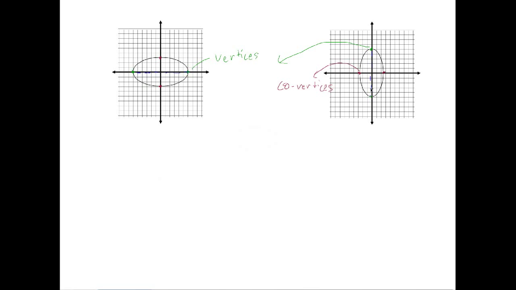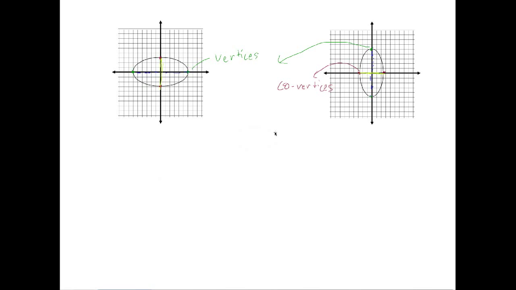Can't really see it on that black, but it runs right there. Okay, those are your major axes. Now, you have also what's called minor axes, and that's the axis from your co-vertices. So right in here, that is your minor axes.